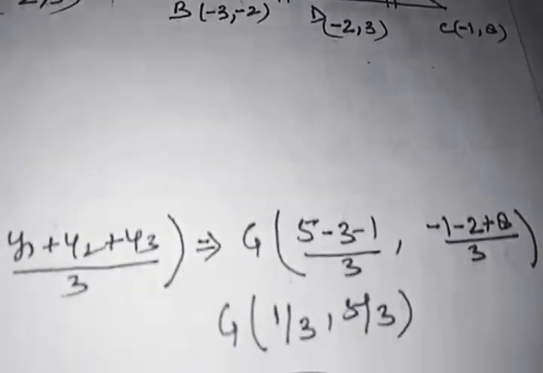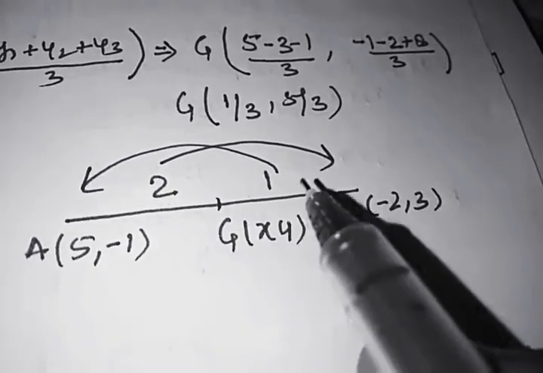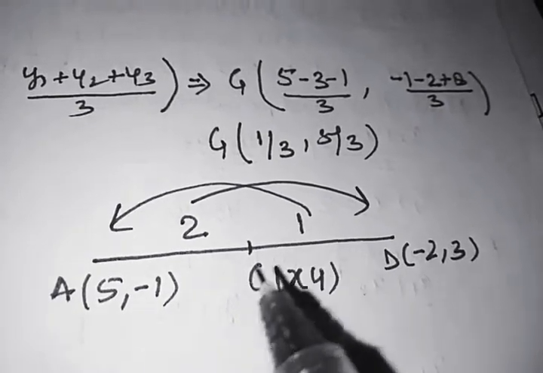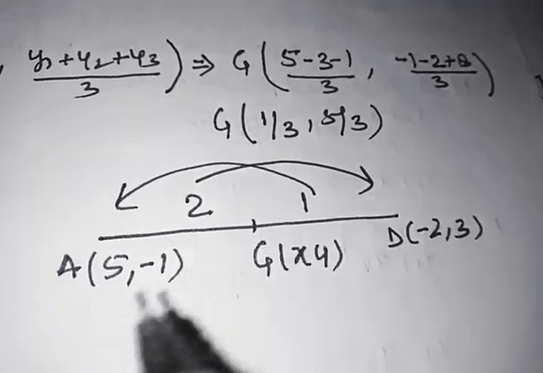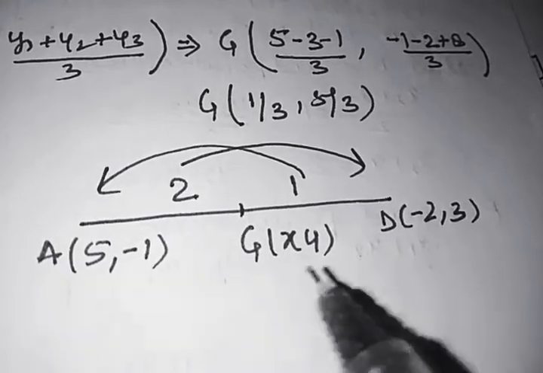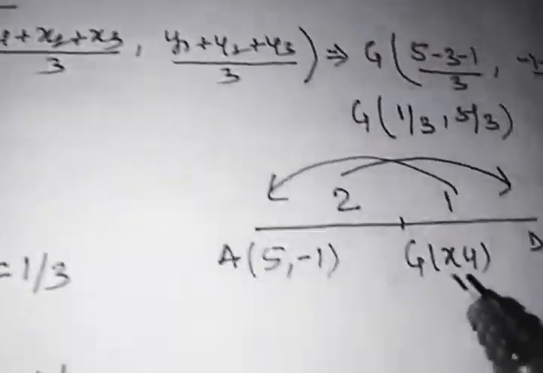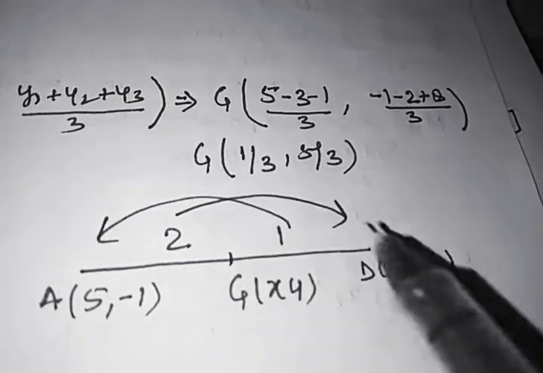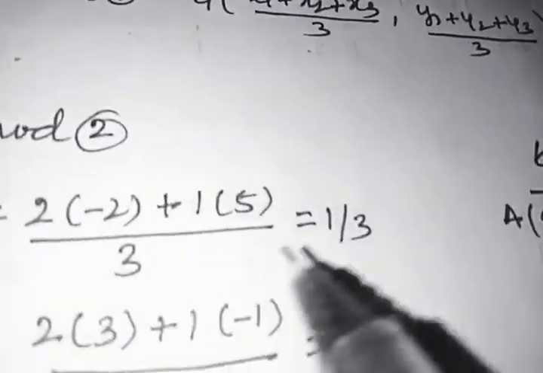The other way out is, see, I have taken only AD here. Plot correctly this 2 and 1, don't interchange, okay? So this is 2, this is 1, this is point A, this is point D, and this is point G. So applying the arrow method, we'll get the x coordinate as 2 into minus 2 and 1 into 5 by 2 plus 1, this is 1 upon 3.